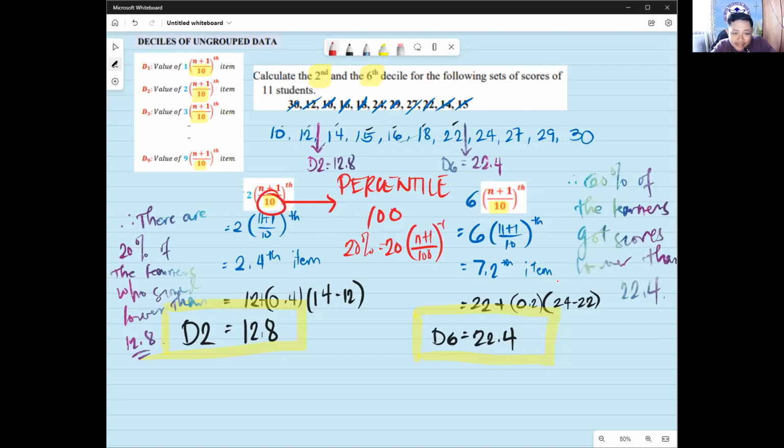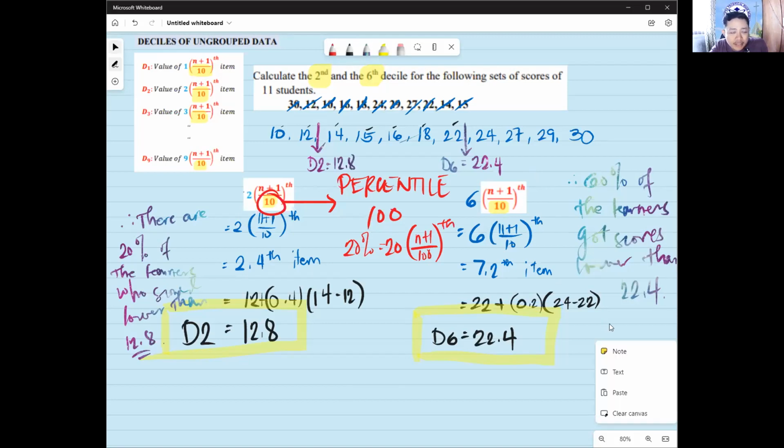That's it. And that is the difference between the decile formulas and the percentile formulas. Show me a reaction if that's clear to you. Okay, very good. You're now loving the process.